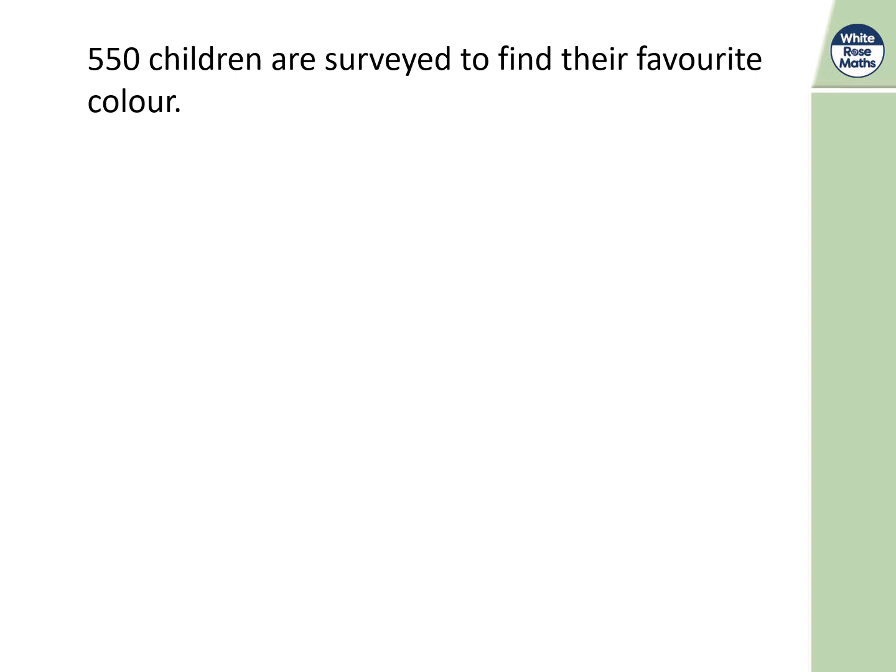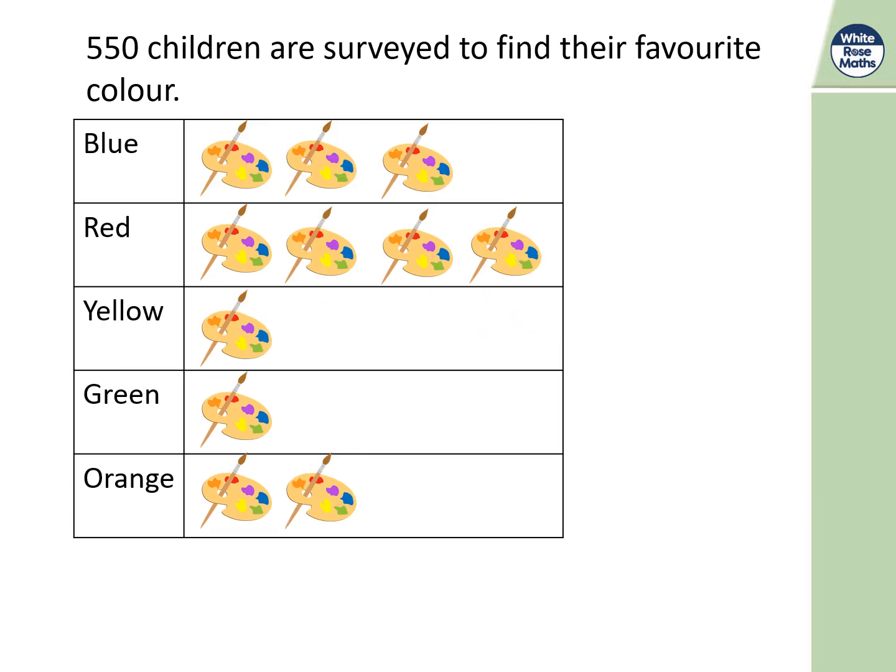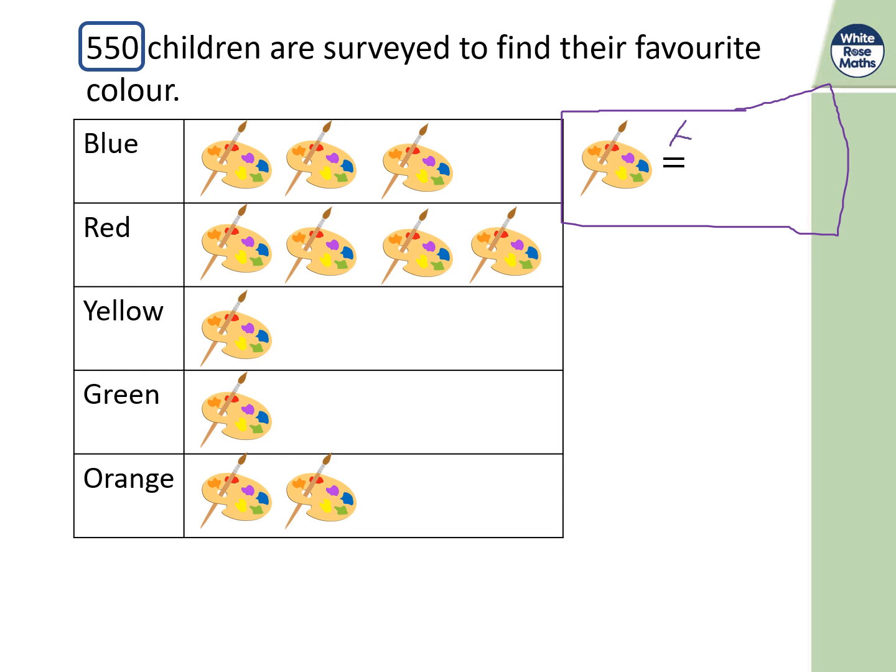550 children are surveyed to find their favourite colour. Here are the results. So 550, and we have what we call a key here. This tells us how many people liked blue, red, green, yellow, and orange.